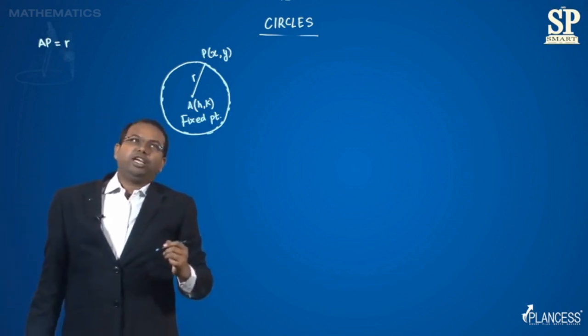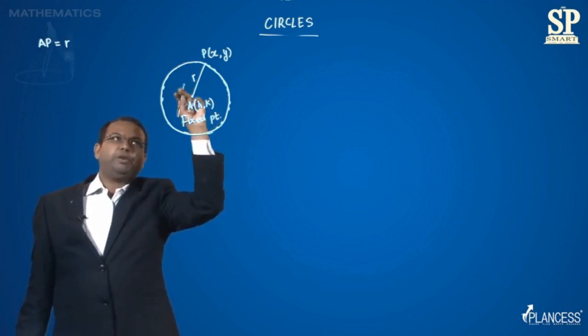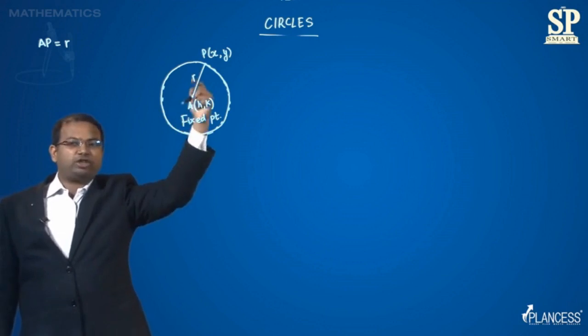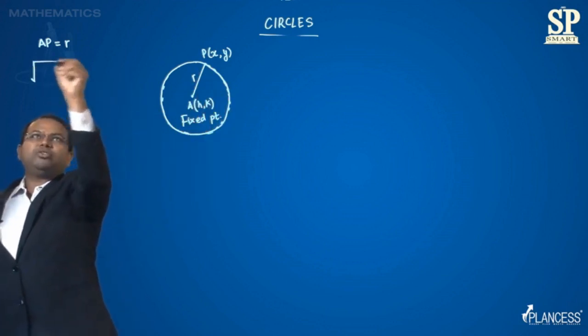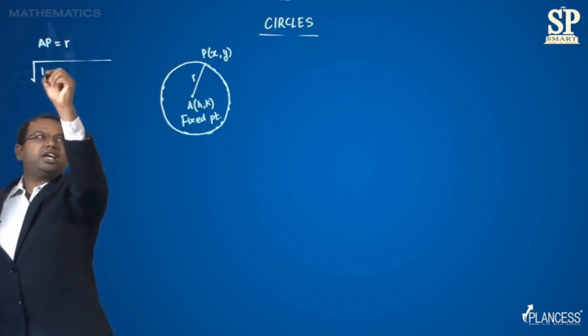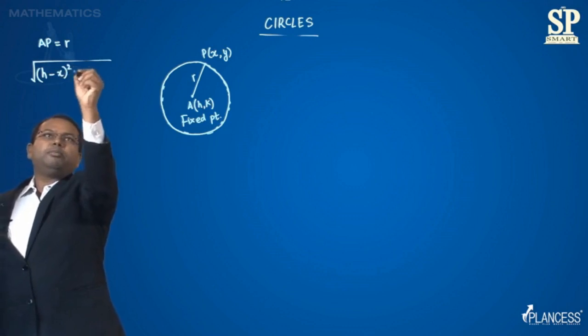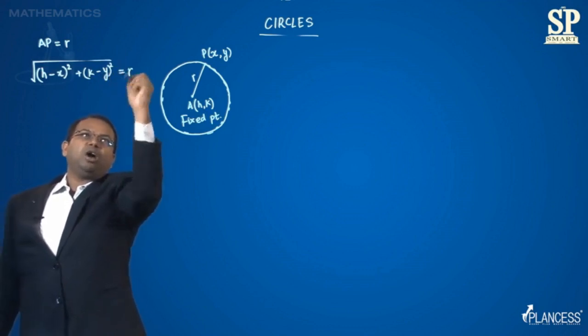If we have to find the distance between the 2 points A and P which have coordinates h, k and x, y respectively, we know the distance formula. So we can straight away write AP is the square root of h minus x whole square plus k minus y whole square. This is equal to r.